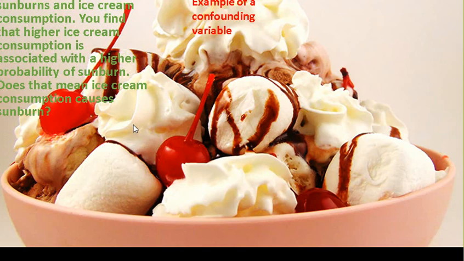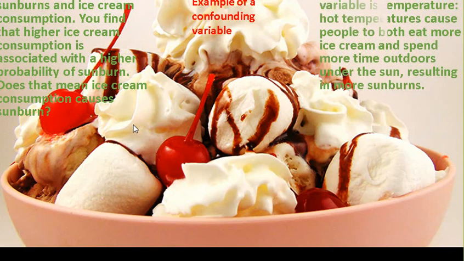Better watch out. You're eating ice cream, you might get a sunburn. No. What's going on is you have a confounding variable here. And in this case, it's temperature. Hot temperatures cause both people to eat more ice cream and spend more time outdoors under the sun, or it's associated with those things. And more time outside is going to result in more sunburns, especially when it's hot out.